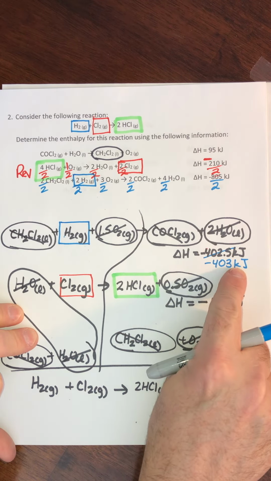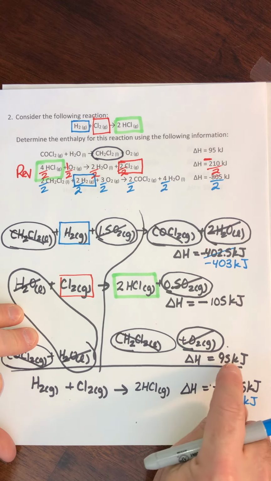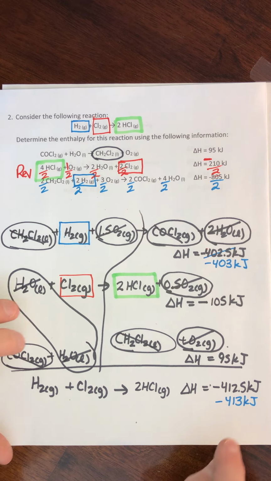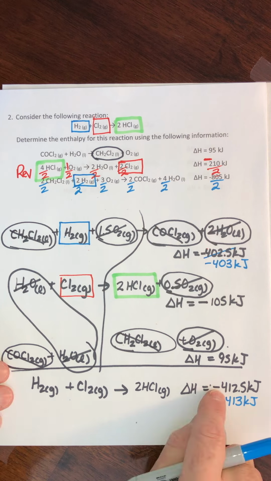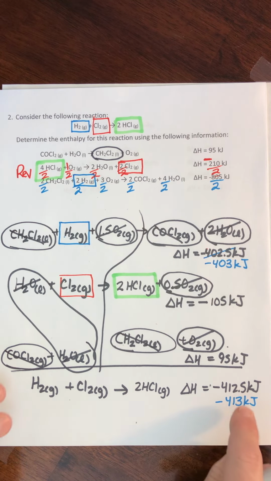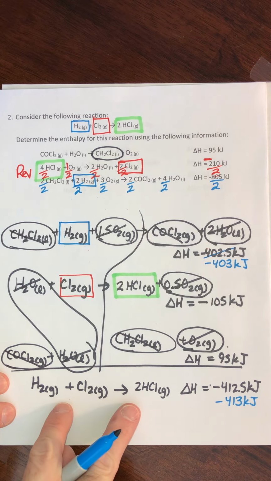No decimal places, no decimal places, no decimal places. So your answer should have no decimal places. So for this particular problem, if you were following significant figures, you should get minus 413 kilojoules. If you are not worried about sig figs, then you'll probably end up with negative 412.5 kilojoules. But this is the heat associated with this reaction.